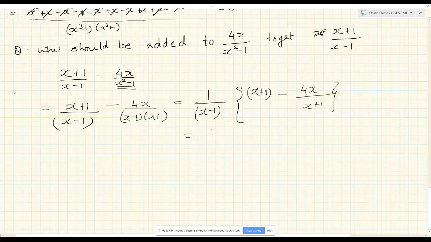Which is nothing but 1 upon x minus 1, and then this becomes x plus 1 whole square minus 4x upon x plus 1, isn't it?